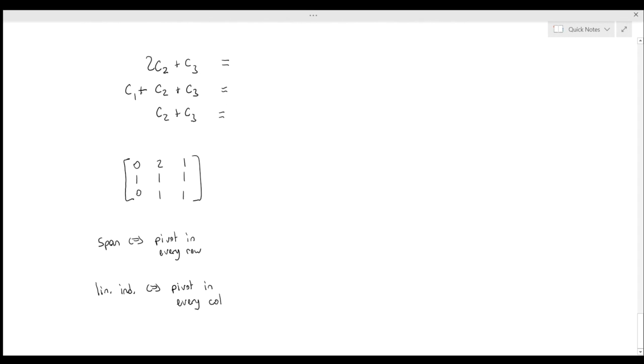Okay. So if we just do some elimination real quickly, I'm going to swap the first and the second row first. And then, it's not a big deal, but I'll go ahead and swap the second and third rows.